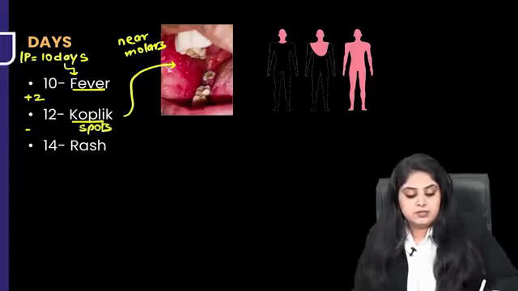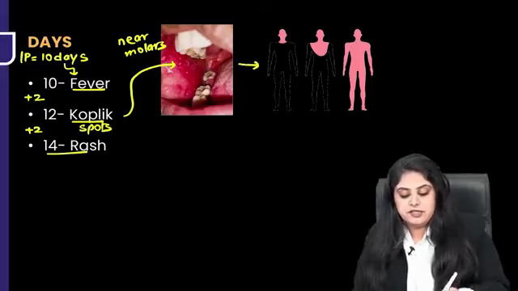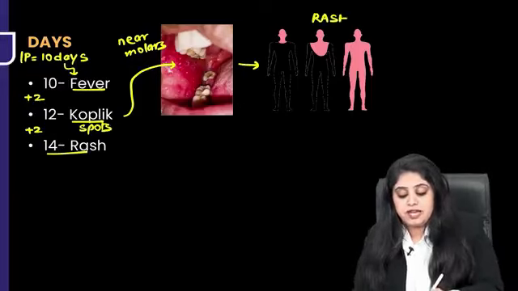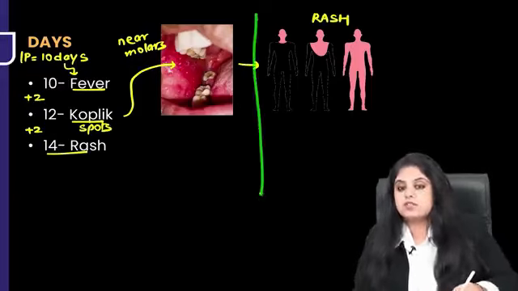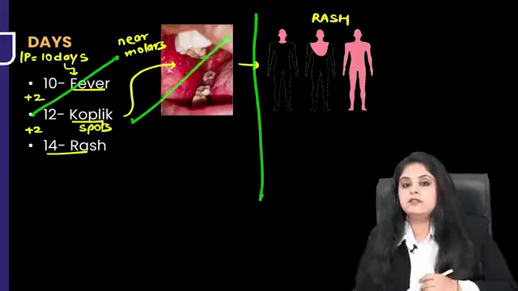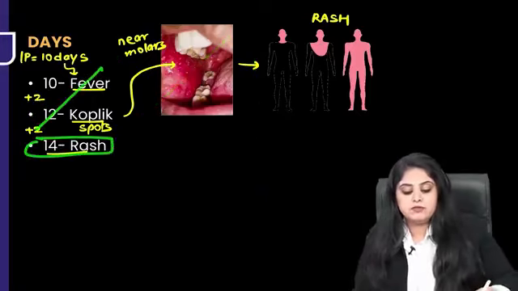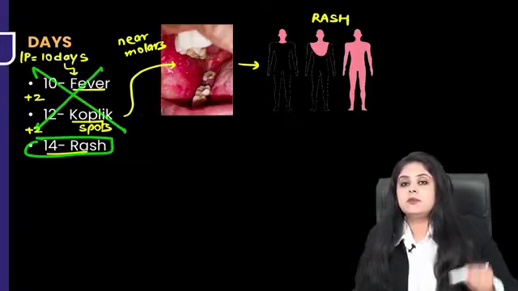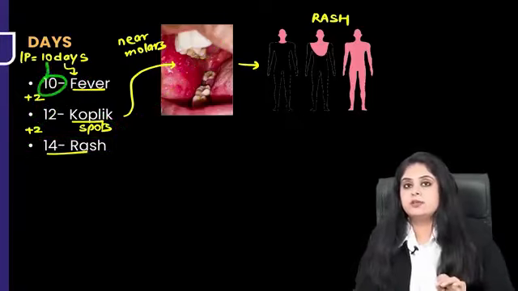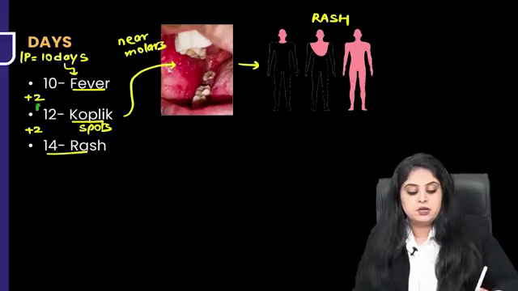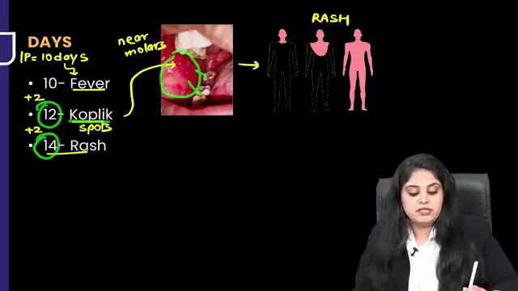Another 2 days later, we start seeing a rash. This rash is very characteristic, because when the rash comes, everything else goes away. Fever is gone, Koplik spots are gone. So remember, on the 10th day, when the incubation period is completed, fever happens. Two days later, Koplik spots appear on the buccal mucosa near the molars. And then on the 14th day, that is rash.